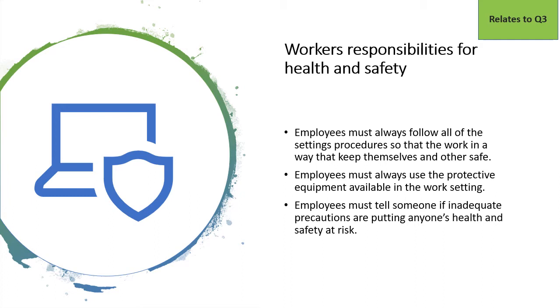And also, employees must tell someone if they feel that another worker is not following the precautions, and they may be putting somebody else's health and safety at risk. So if you saw somebody who wasn't using a piece of lifting equipment to lift a service user, so maybe an adult, then obviously they're putting themselves and the service user at risk by not following the procedures in place to lift that person.